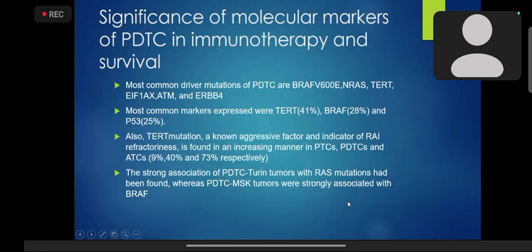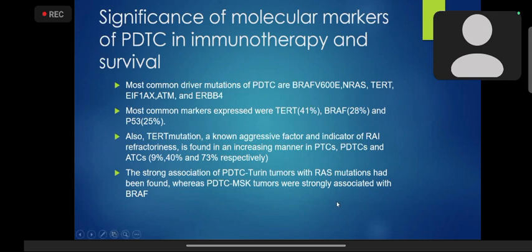The most common driver mutations are BRAF V600E, NRAS, and TERT, and the most commonly expressed markers are TERT and BRAF. TERT mutation is an aggressive factor and an indicator of RAI, radioactive iodine refractoriness. So it is important.